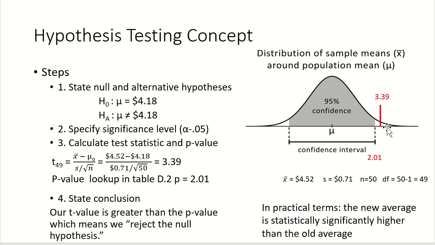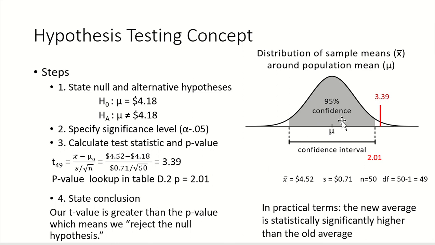So you can see that the value that I just calculated for my t is really kind of a z statistic. It says I'm really 3.39 standard deviations above the mean. I only needed to be 2. So therefore, something really has happened. This has shifted significantly. The conclusion, therefore, is that since the t-value is greater than the critical value, in statistical language, we say we reject the null hypothesis.